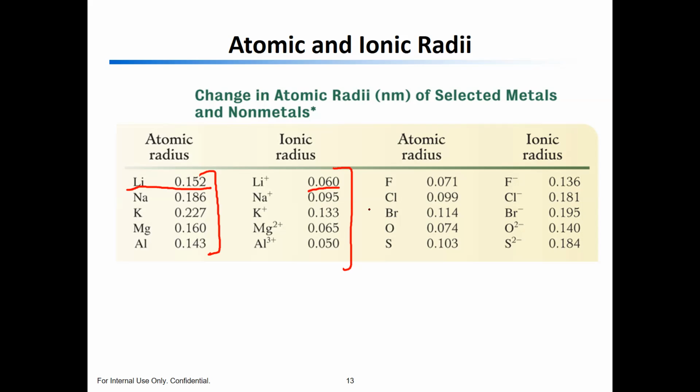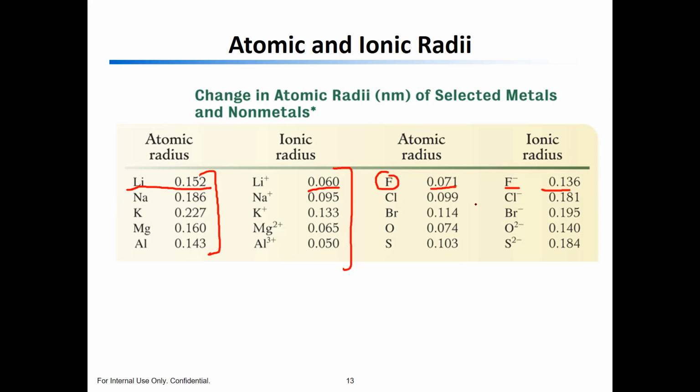All right. Then we have this one over here. Fluorine. And what happens to fluorine? If you add an electron, this is the radius of fluorine. When you add an electron, this ion is going to get bigger, right? When we add an electron, we're going to add it to the outside of the atom, and the atom's going to get bigger.